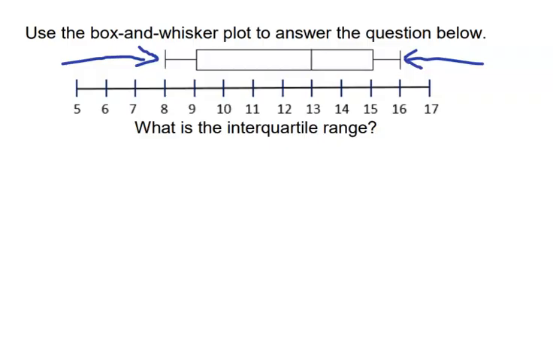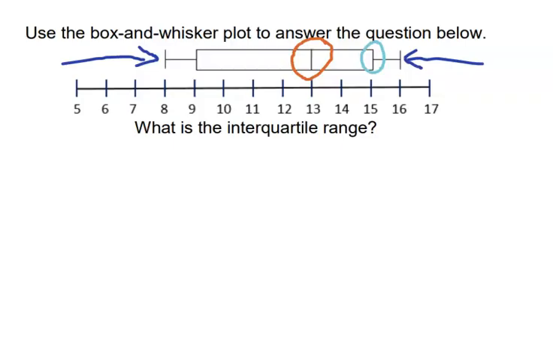Okay, so remember the number that's plotted here is the median. So for whatever data set this is, the number in the middle is 13. So that is the median. Okay. And then remember, at that point, we take the data, we slice it in half, and we find the median or the middle number of the upper half. Okay, and that would be the upper quartile.